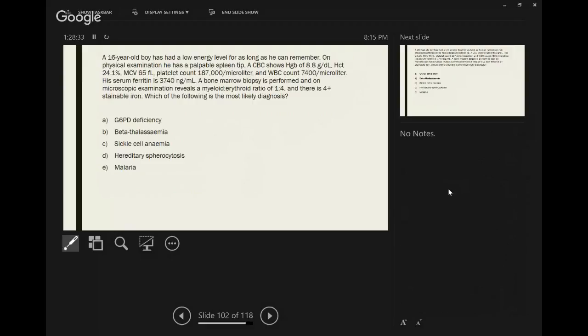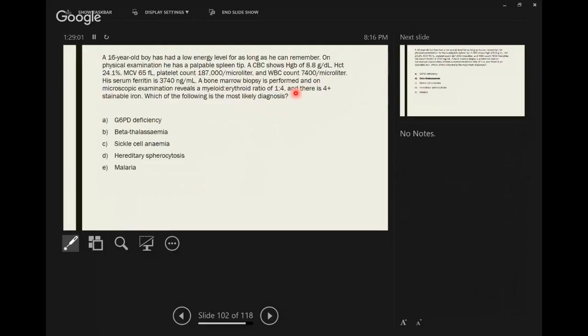Good luck, man. Hemoglobin's super low. It's microcytic. Platelets are normal. White blood cells are normal. I think ferritin's normal, I can't remember. A bone marrow biopsy is performed showing the myeloid to erythroid ratio. Your normal myeloid to erythroid ratio is 2:1.